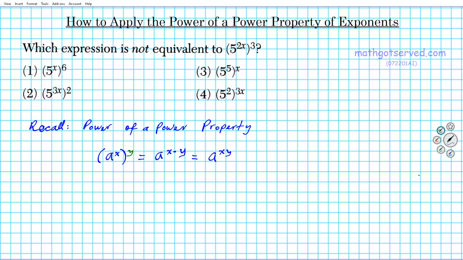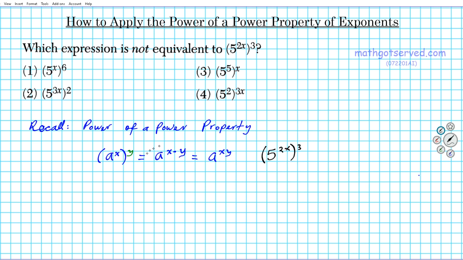Okay, so let's take a look at these four expressions. We're going to apply this property to each one in simplifying them and then see which one is equal to the original. Before we start, let's simplify the original completely. You might wonder what I mean by simplify. Just apply the property and try to get rid of the parenthesis component.